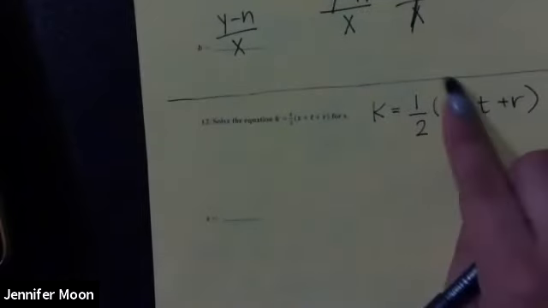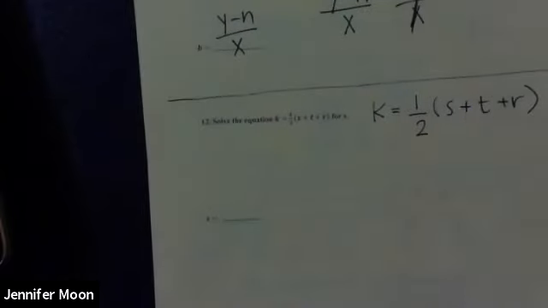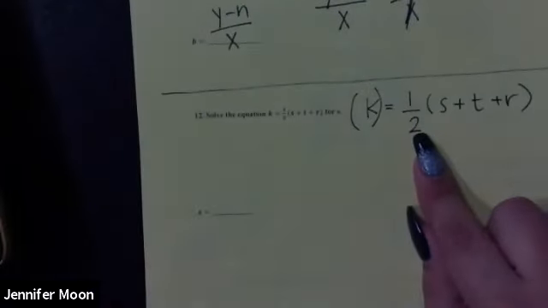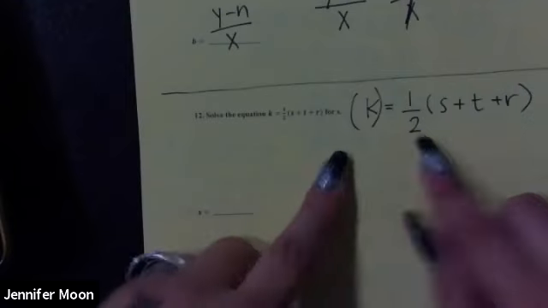If you want to distribute, you can. You're going to have 1 over 2s plus 1 over 2t plus 1 over 2r, you just went from 1 fraction to 3 fractions, right? Instead, if you wanted to cancel the fractions, that's what we did last time. What's in my denominator, y'all? 2. Multiply both sides by 2. That's going to cancel that fraction.